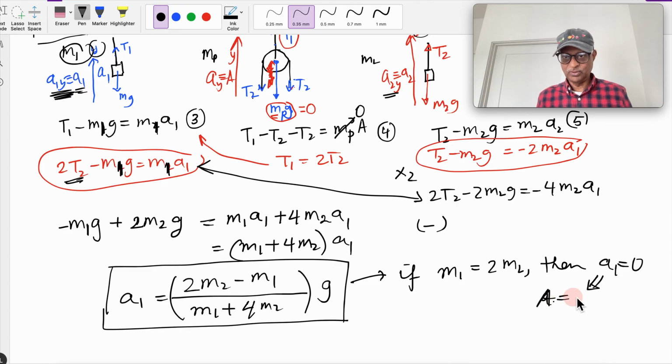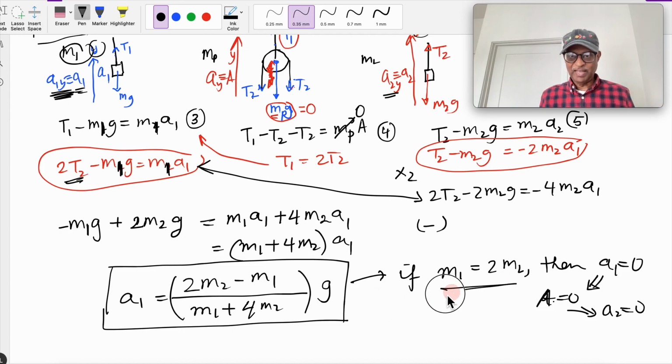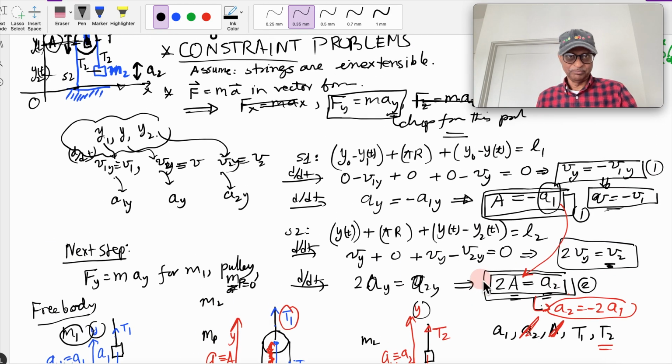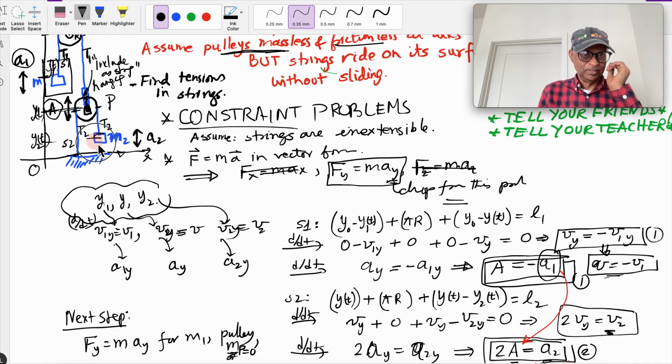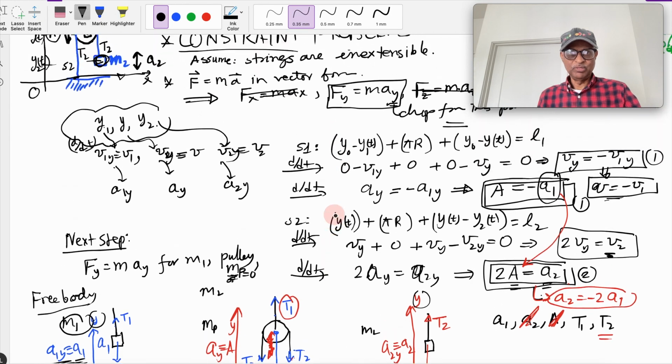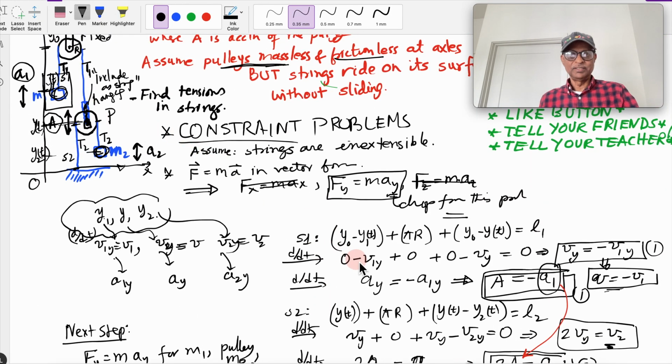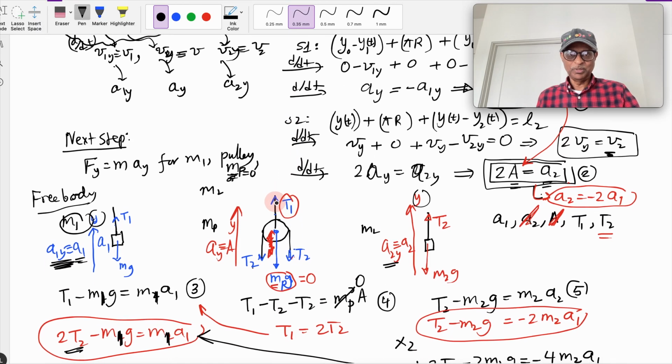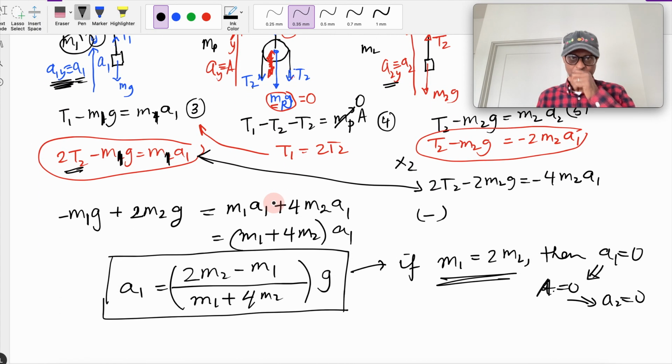So the balancing condition would be: this mass and this mass, what is their ratio? With this arrangement of pulleys, because you have two of these balancing one of that, you need 2 times M2 to balance one mass. That's pretty cool.